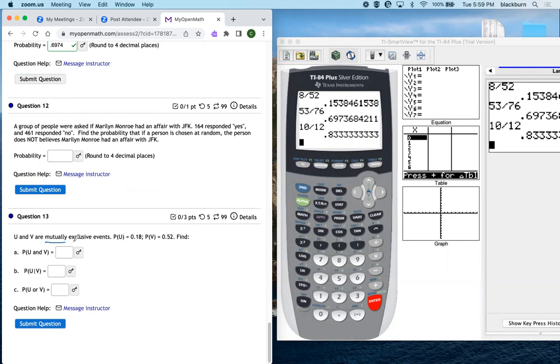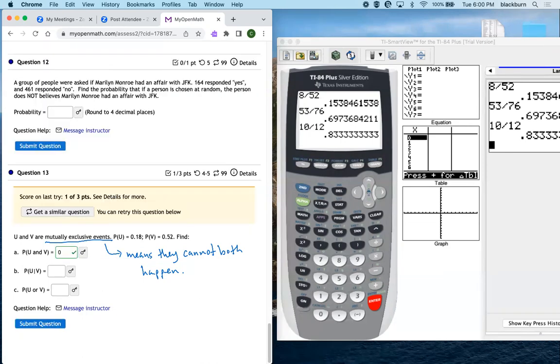Mutually exclusive means they cannot both happen. Like, I cannot be both in Oregon and Connecticut. The probability that I'm in both places is 0. So that's what I'm going to put here: probability of U and V is 0.